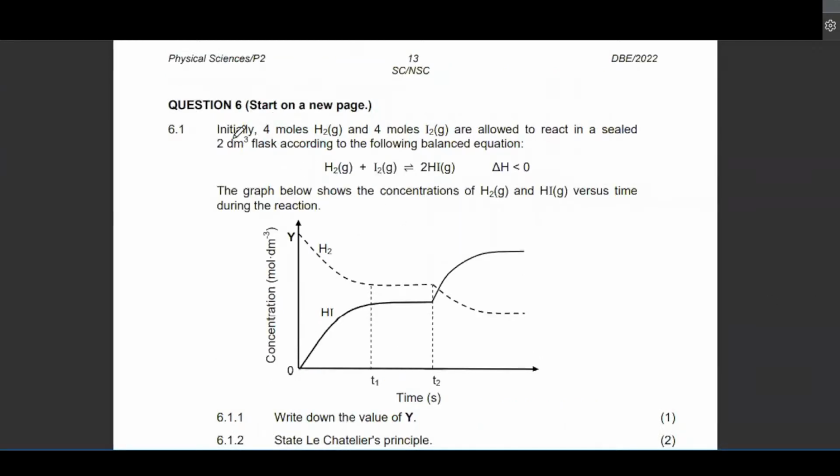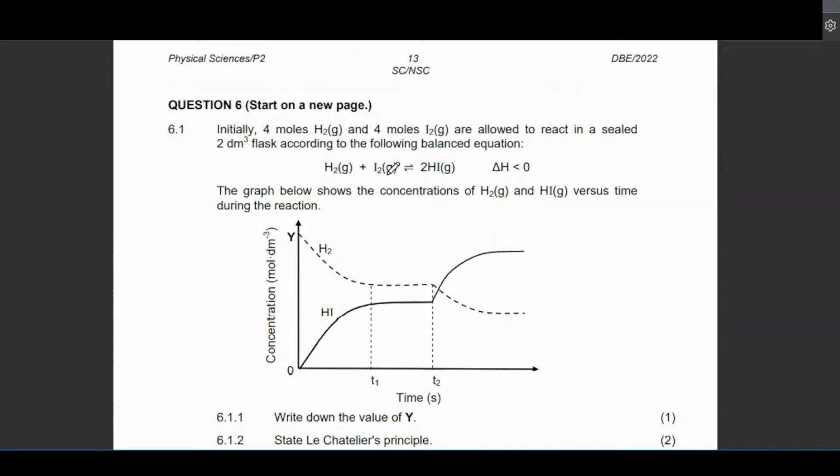Question 6, they're saying that initially 4 moles of hydrogen and 4 moles of iodine are allowed to react in a sealed 2 decimeter cubed flask according to the following balanced equation.